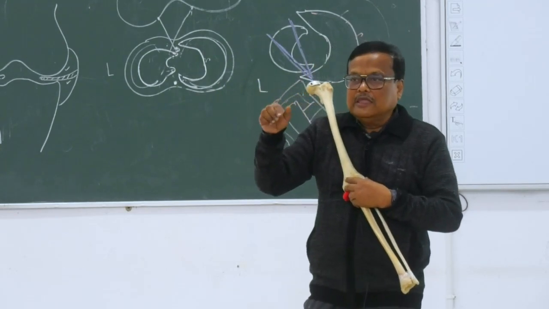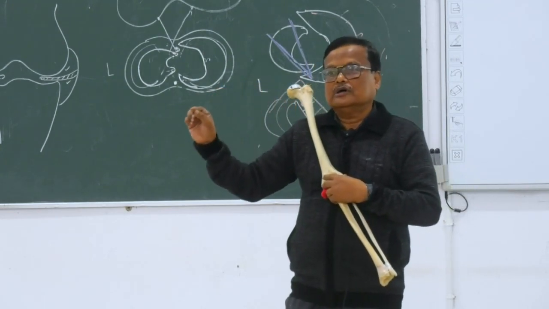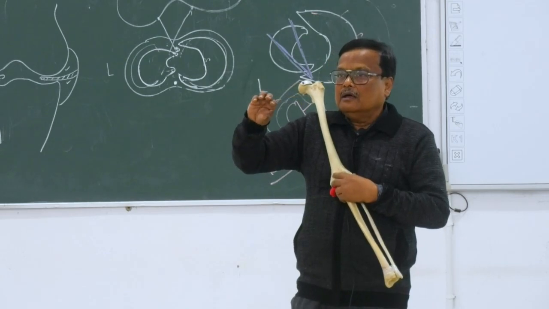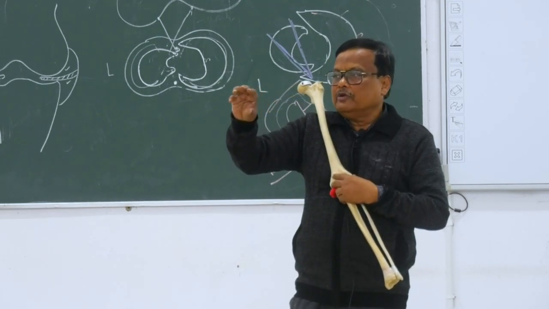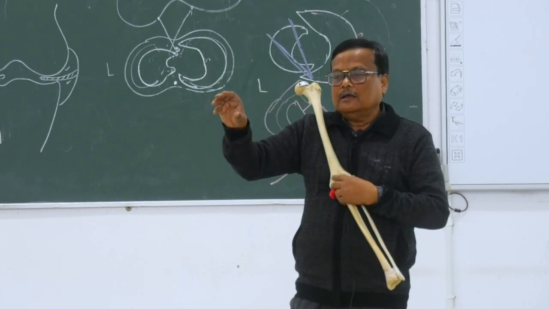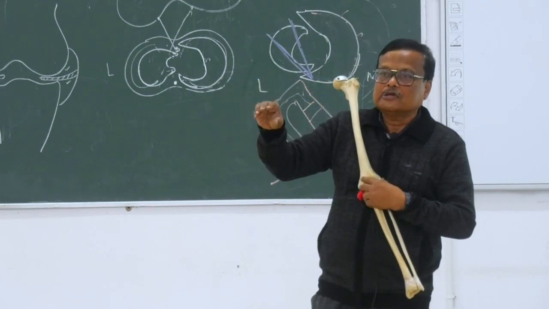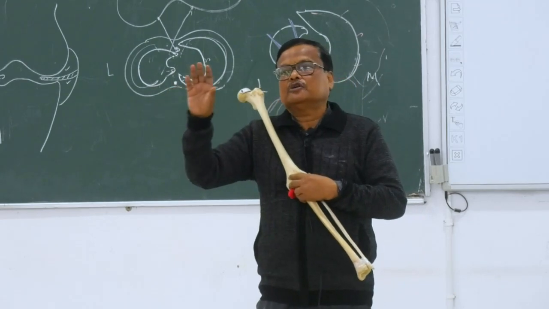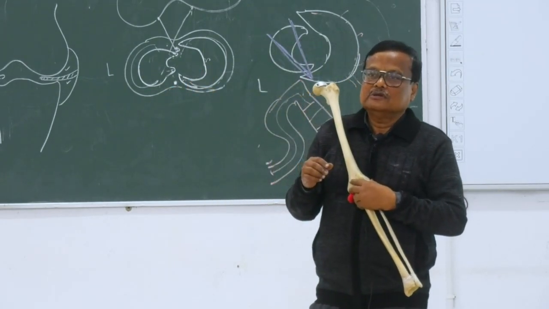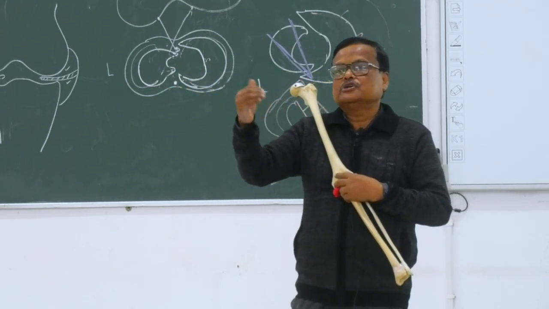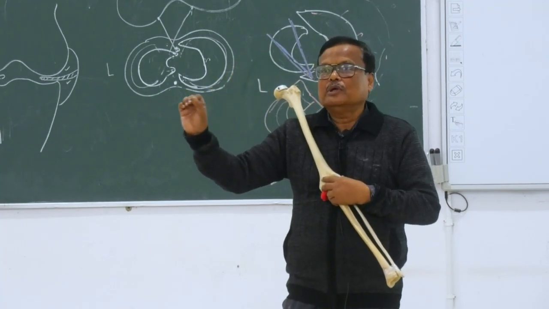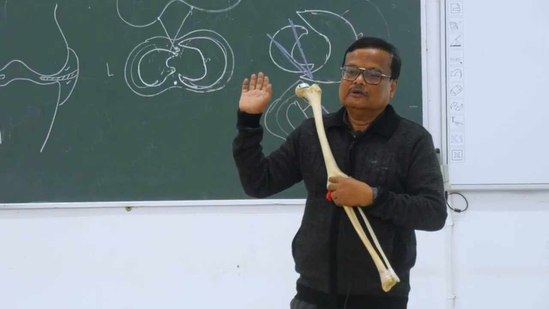Number 4, then adjunct rotation occurs, wherein the medial condyle of the femur rotates medially over the anterior horn of the medial meniscus to occupy the rest part of the medial meniscus, extension is completed, and it is known as the locking of the knee joint.